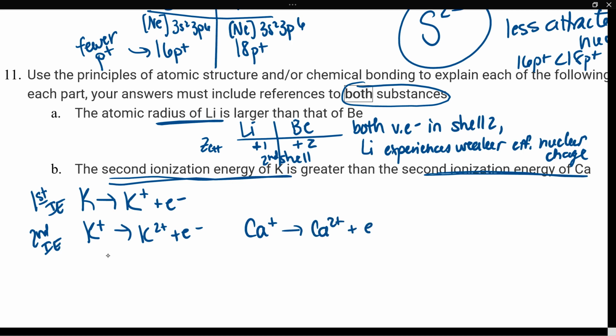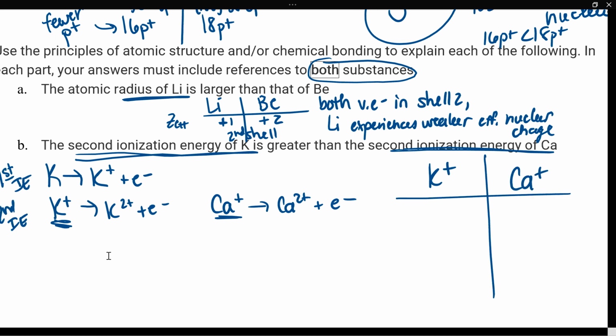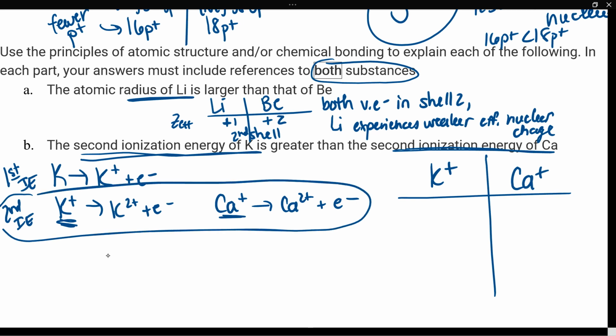So what I want to compare is the amount of energy it takes to remove an electron from the K+ ion and the Ca+ ion. So if I make a T-chart, I want to make sure I compare the +1 versions of each of these substances. Because again, I want to compare their second ionization energies. All right. I'll write these out for both of them. Okay.